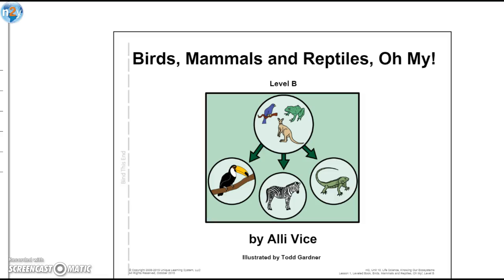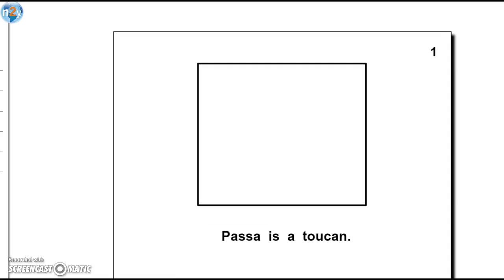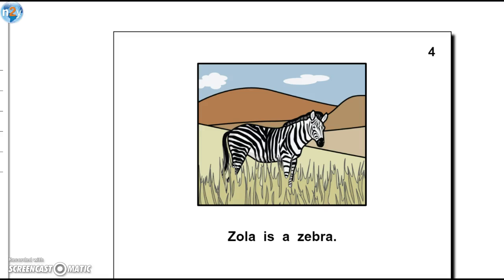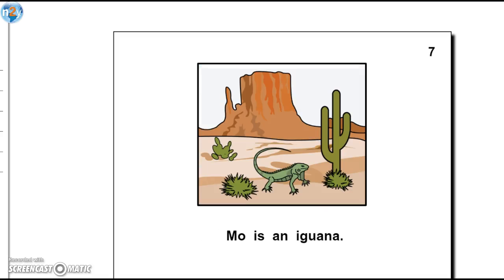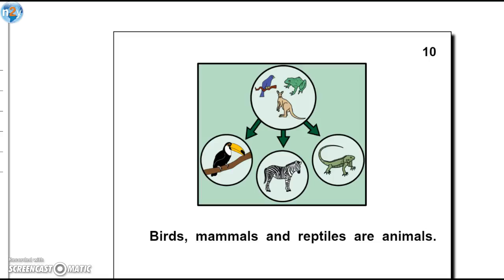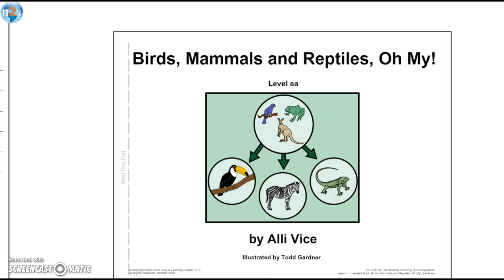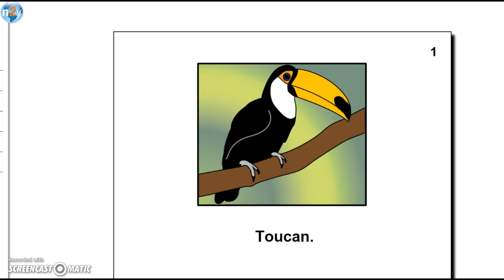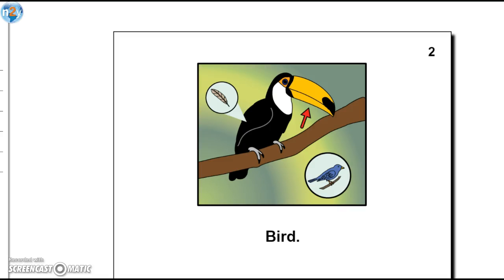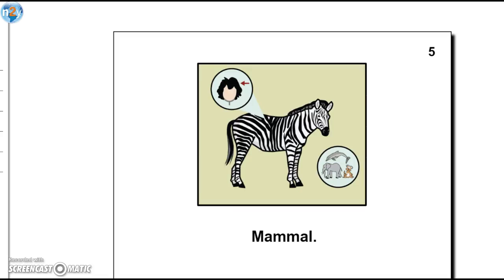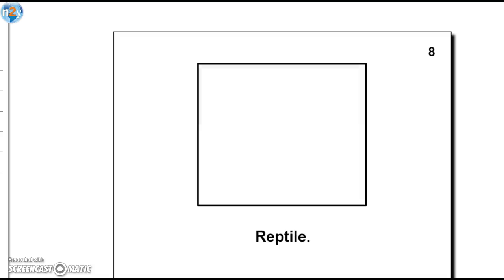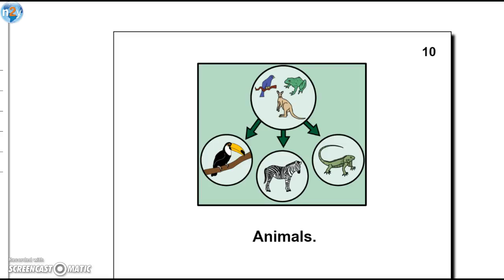Your level 2 student, which is the level B here, not as much reading. Then you have your level AA, and that's where you have your students who need more visual support.